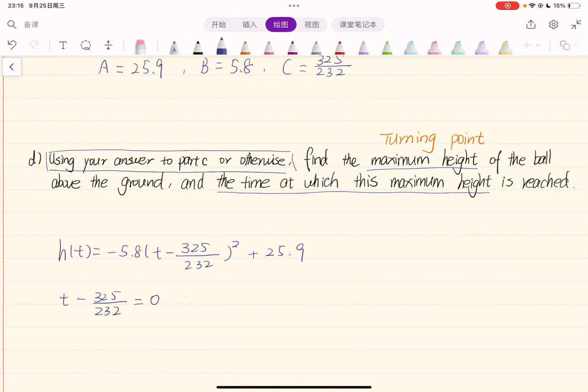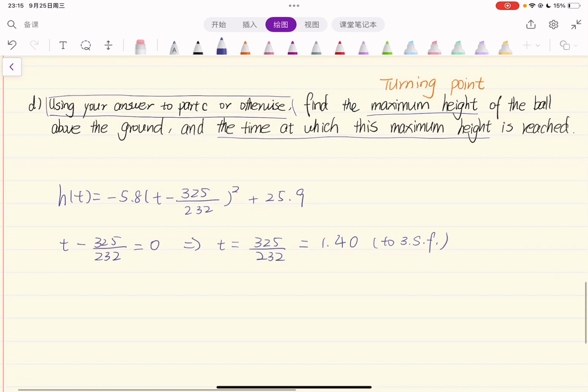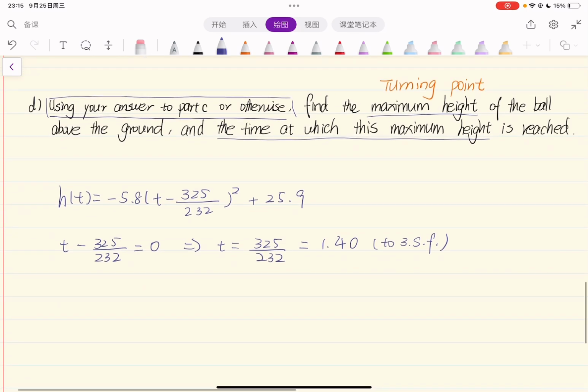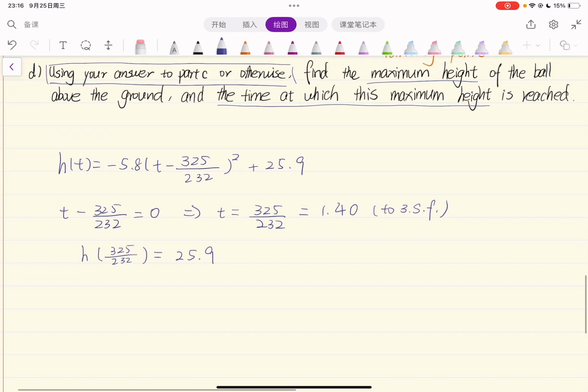So we can use the completed square function: h(t) equals minus 5.8 times (t minus 325 over 232) squared plus 25.9. The maximum is when t minus 325 over 232 equals 0. So t equals 325 over 232, that is 1.40 to three significant figures. And the height h(325 over 232) equals 25.9.